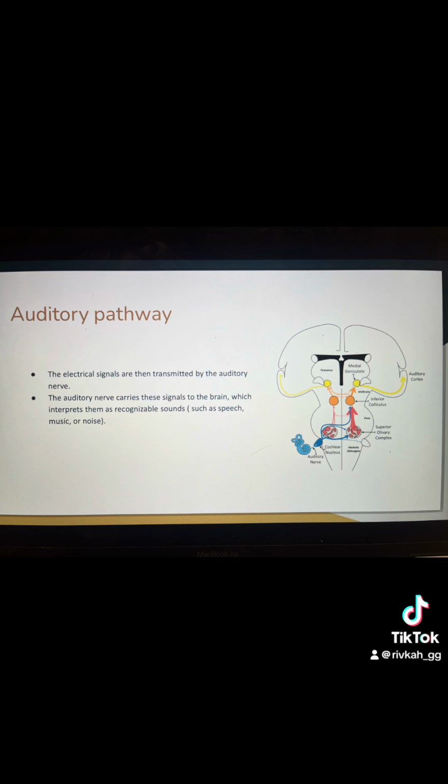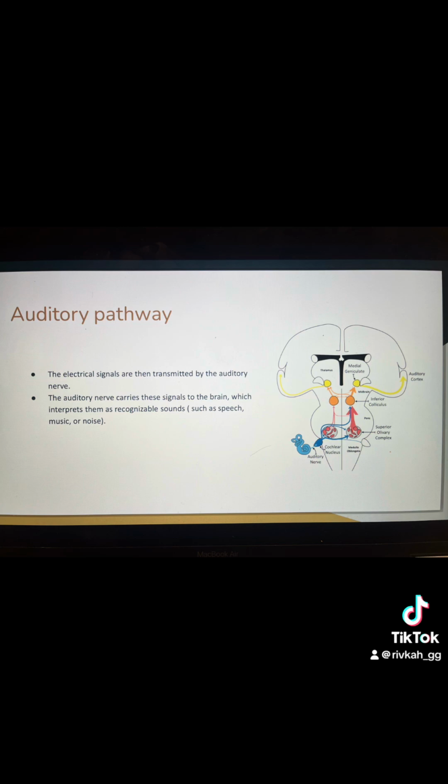Going back to the hair cells and how they move in response to the vibrations, and how these vibrations then change into electrical signals. Those electrical signals are then transmitted by the auditory nerve, which we can see in this picture.